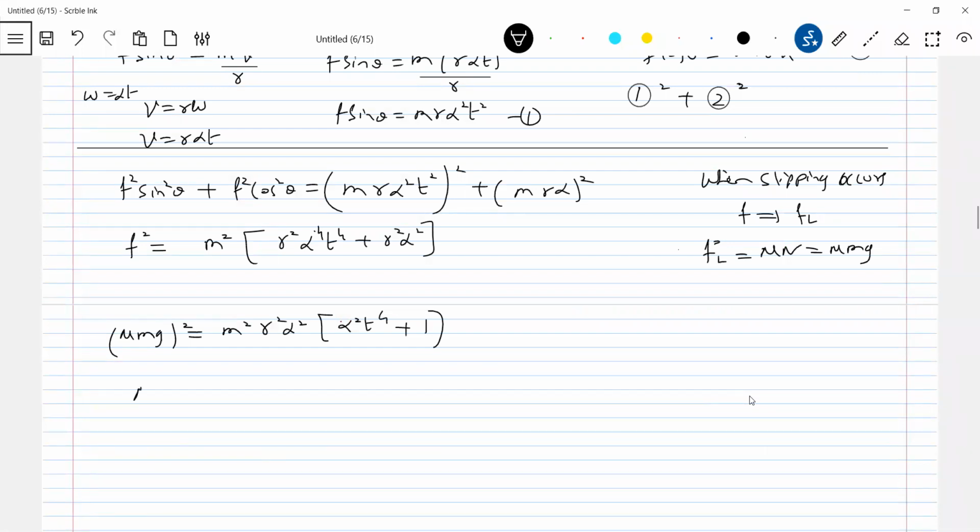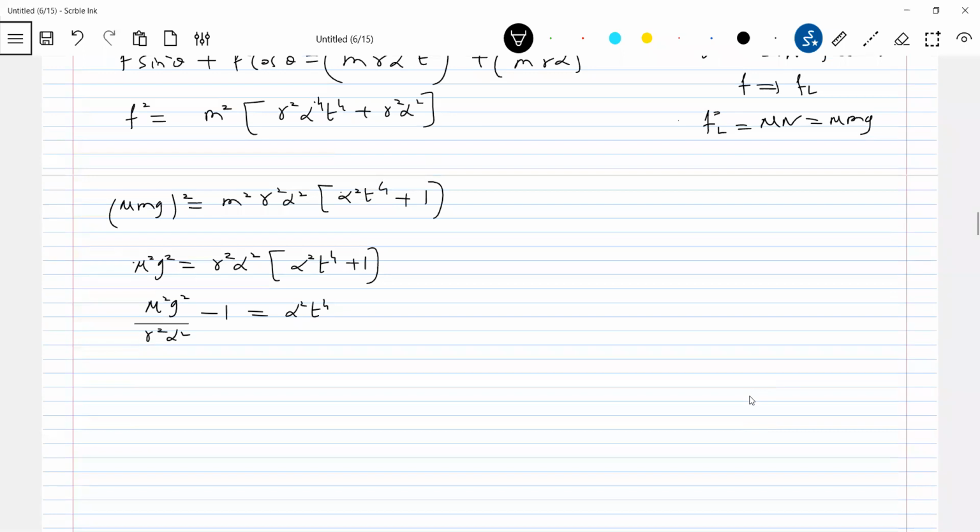So here this will be mu square g square by r square alpha square. So what is the expression for t?